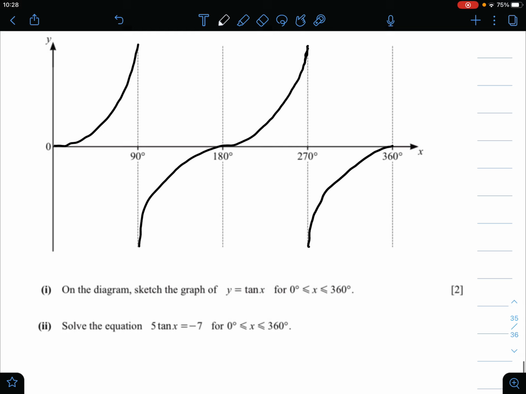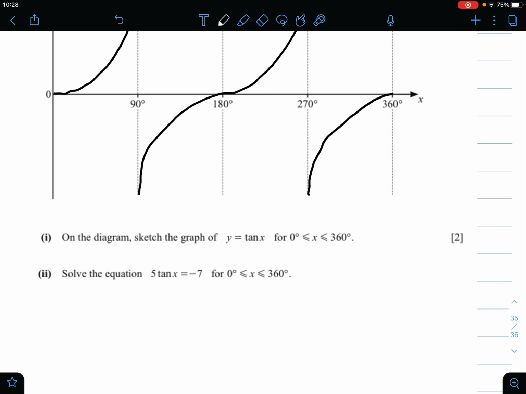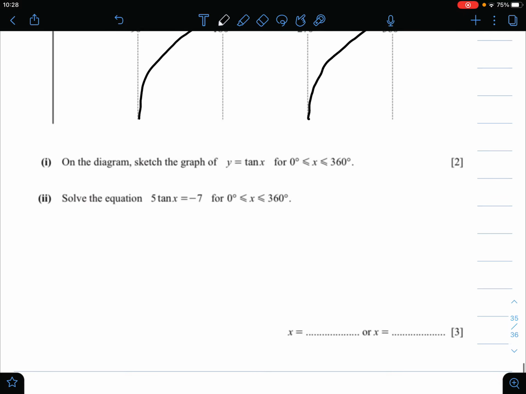Now let's move on to B part 2, where they ask you to solve the equation 5 tan x is equal to negative 7. Okay, so you can take 5 to the other side of the equation, so we will be left with tan x is equal to negative 7 by 5.